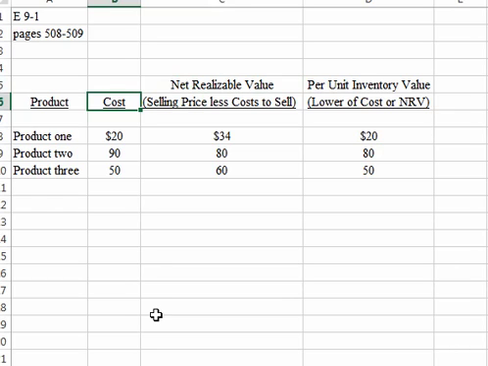What that's doing is preventing showing a larger number. It's really preventing overstating the value of your inventory. We want it on the books at its cost, unless we can't sell it for cost, and then we'd mark it down to its net realizable value. That way we're not misleading to the readers.